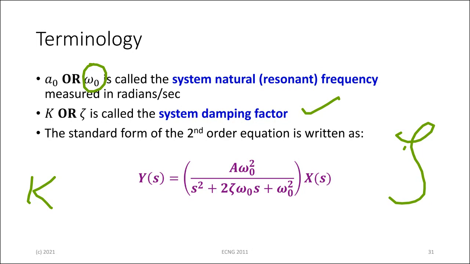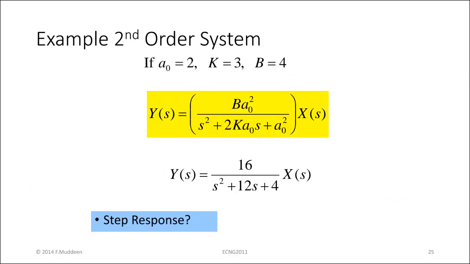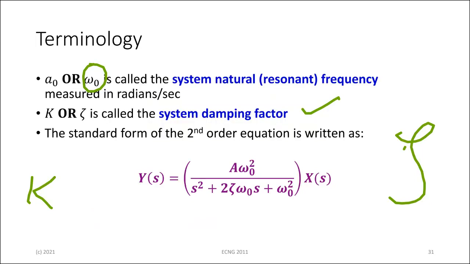So the standard form of that equation that we started off with, which is this thing in yellow, right? K is zeta, A is omega, and of course, A would be the normal system gain.